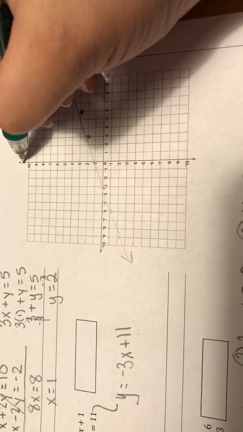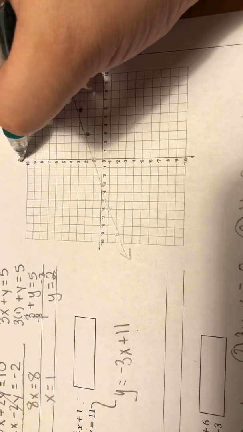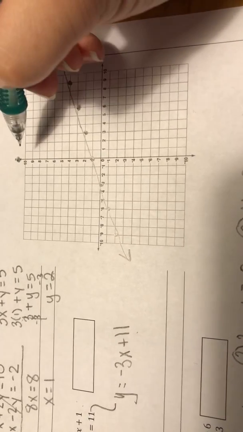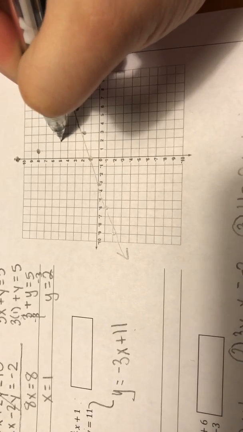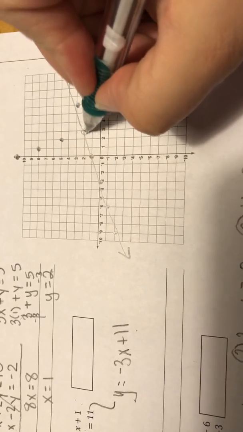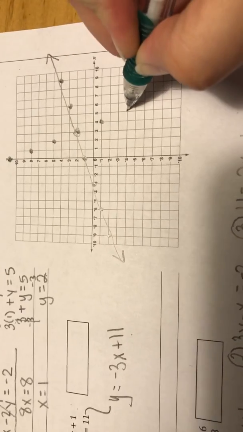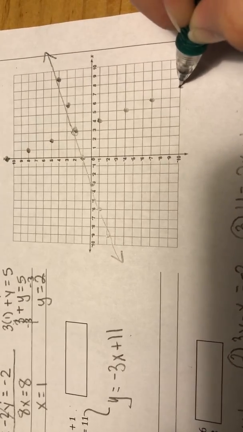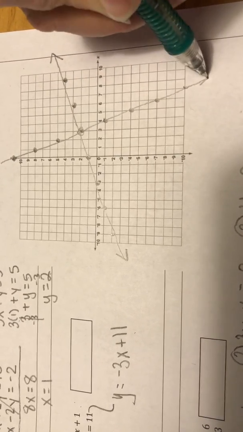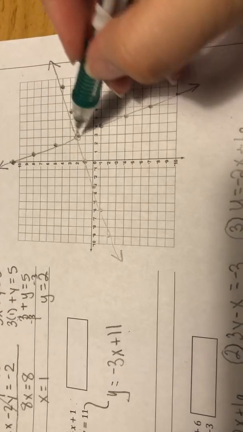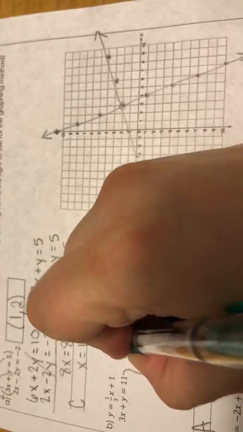So I'm just going to go right up there at 11 and then go down 3, right 1. So I'm going to cross there. And so my answer is 3, 2.